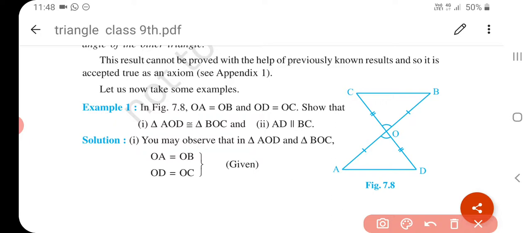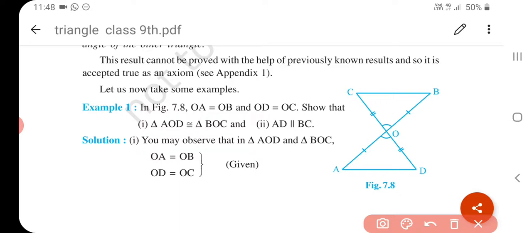So OA is equal to OB and OD is equal to OC. Okay, understand? We have to show triangle AOD is congruent to triangle BOC. It's given OA is equal to OB and OD is equal to OC.